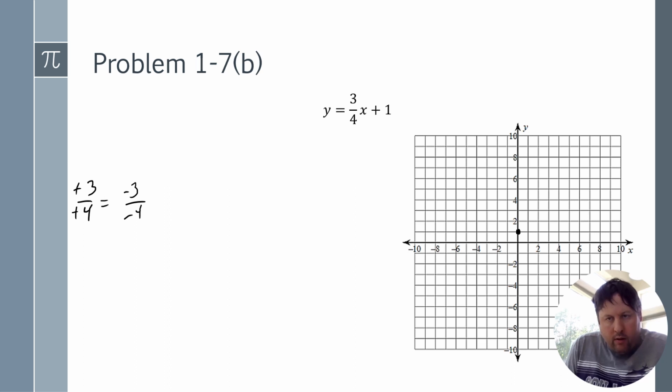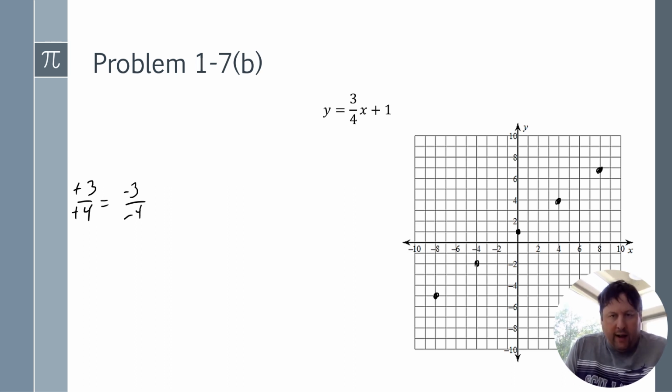Plot that point there. Up 3 over 4. I tend to go as far as I can, and then I'm going to go down 3, left 4. I tend to plot until I can't plot.